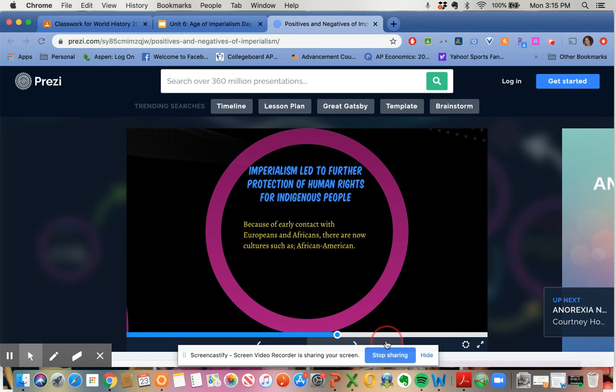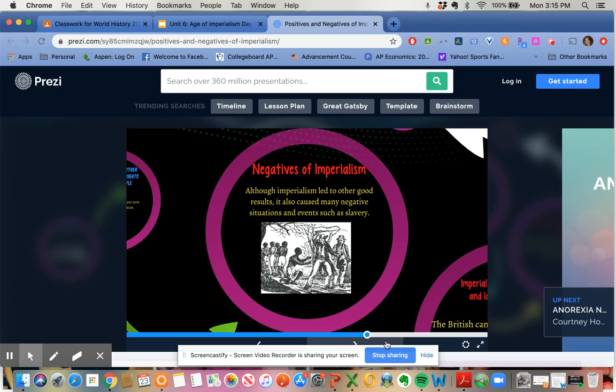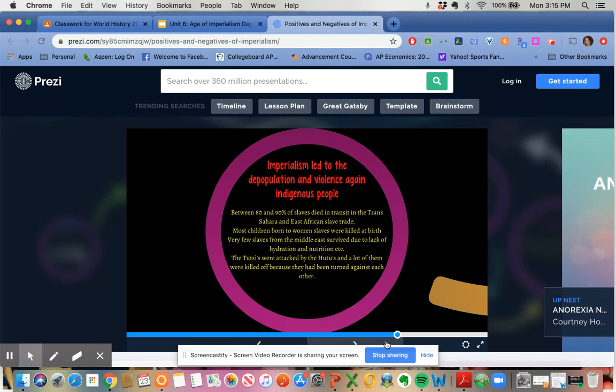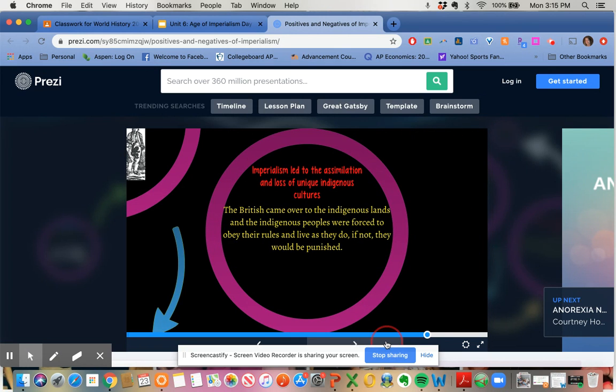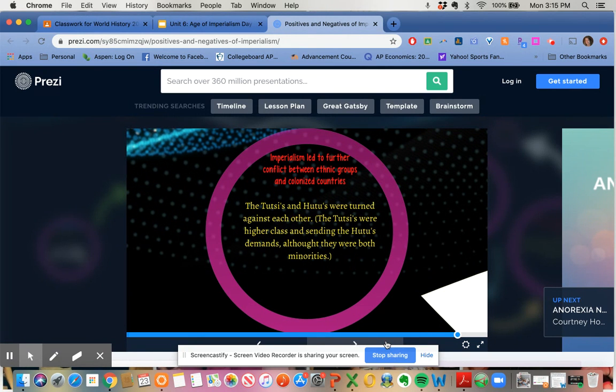Remember, positive things can be for the Europeans, for the Africans, or for the Asians. I'm just saying a positive effect in general, so any of those categories is okay. And then negative effects of imperialism. Obviously, there were lots of negative effects on the Asians and Africans who were imperialized.